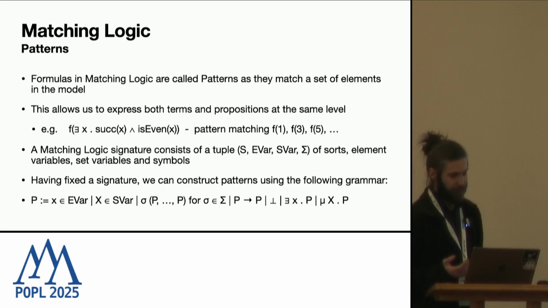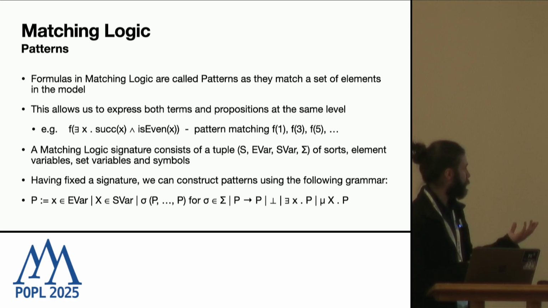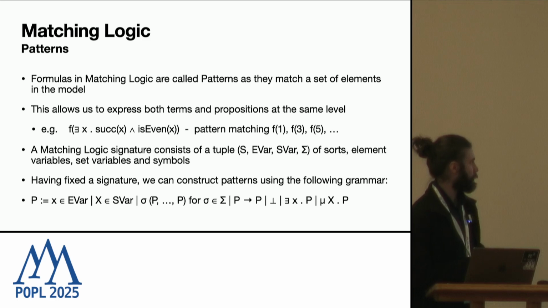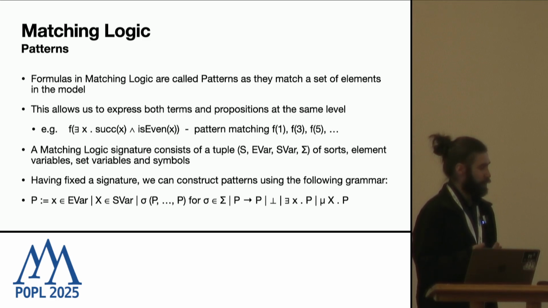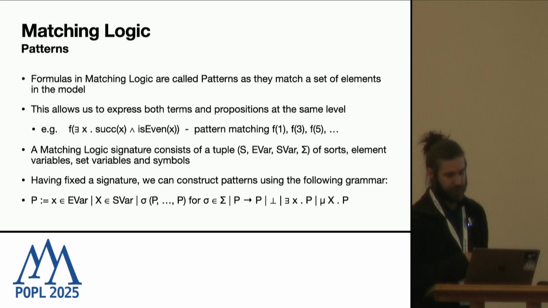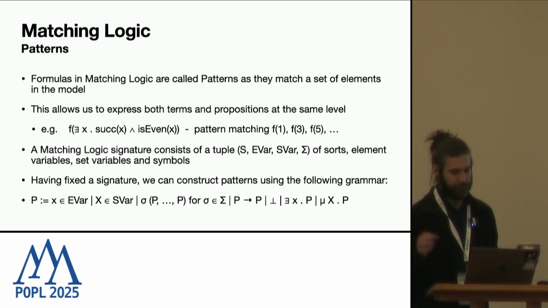So for instance, you can have patterns such as this crazy one right here, which is f applied to an existential. And under the existential, we can have a term, which is successor of x, and then a predicate is even, that's applied to x. So semantically, when you want to talk about the truth value of a proposition like is even, it's going to be true when it matches the whole universe of objects semantically, or nothing.